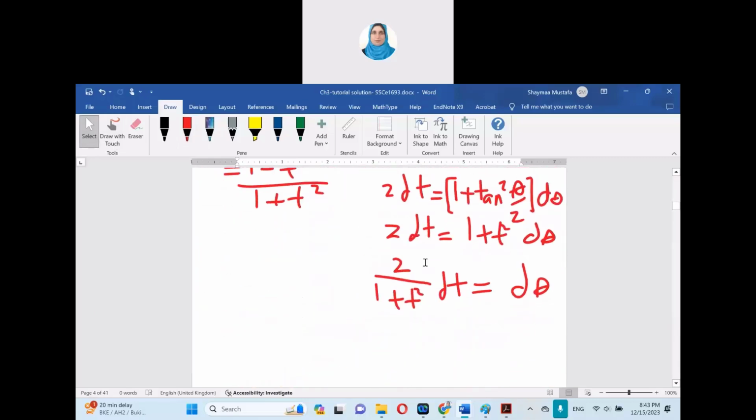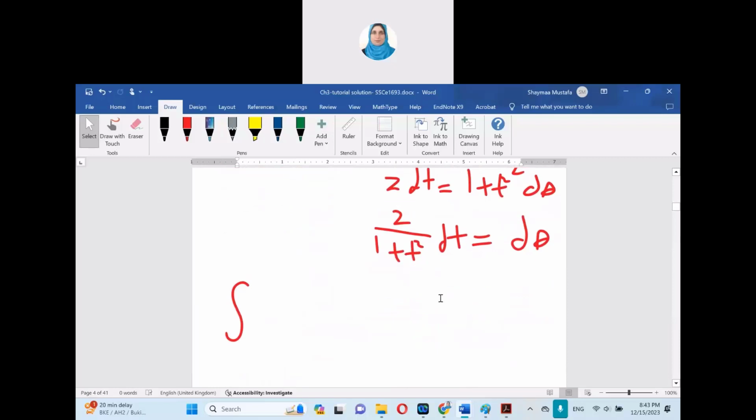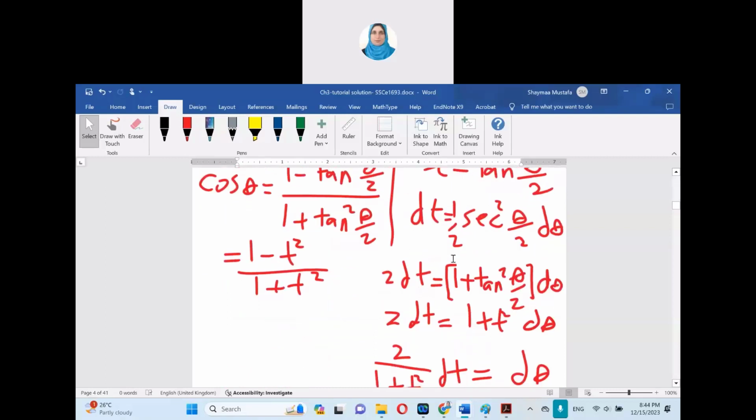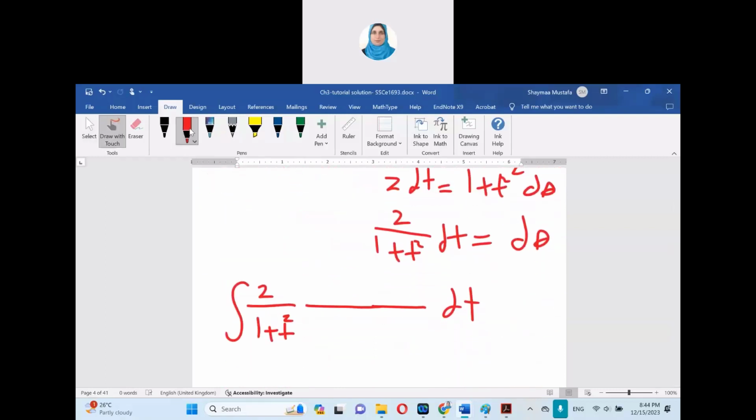Instead of d theta, I will write 2 over 1 plus t square dt. And then a square minus 2ab cos theta plus b square.